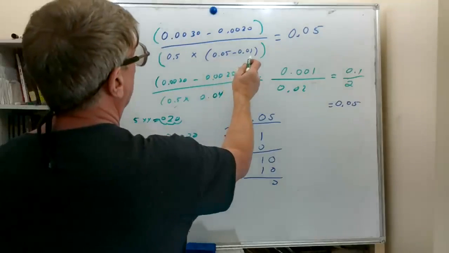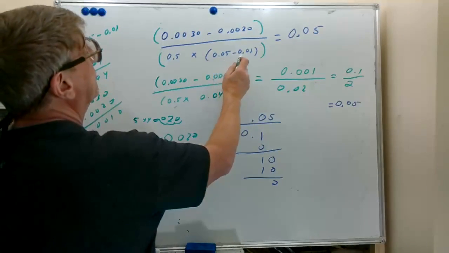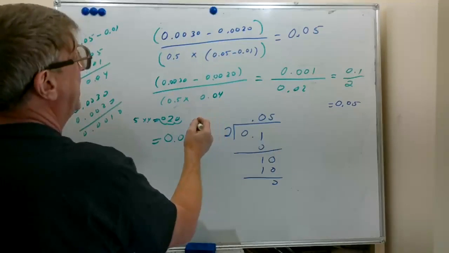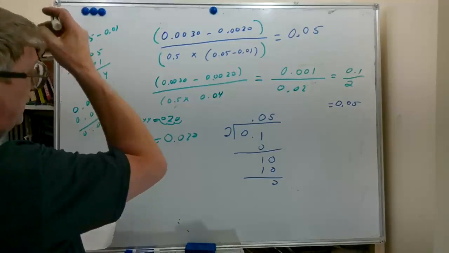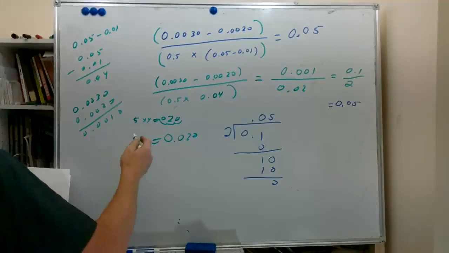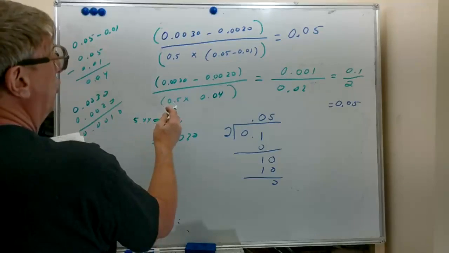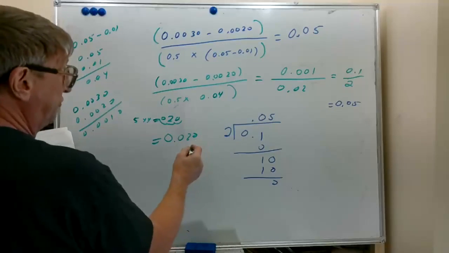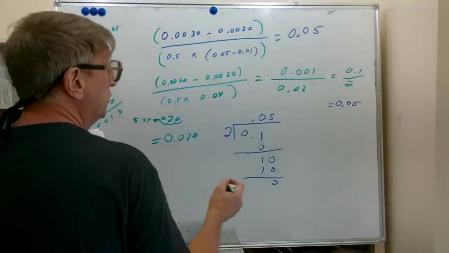Then we did the innermost parentheses in the denominator portion. 5 100ths minus 1 100th, we got 4 100ths, and then we carried the problem down, replacing that with the 4 100ths. Then we did the multiplication, which we found with whole numbers. 5 times 4, 20, but we had 1, 2, 3 decimal places, so we ended up with 0.02, which we wrote over here.